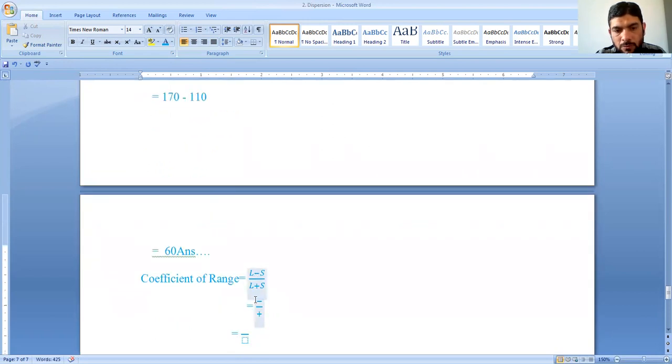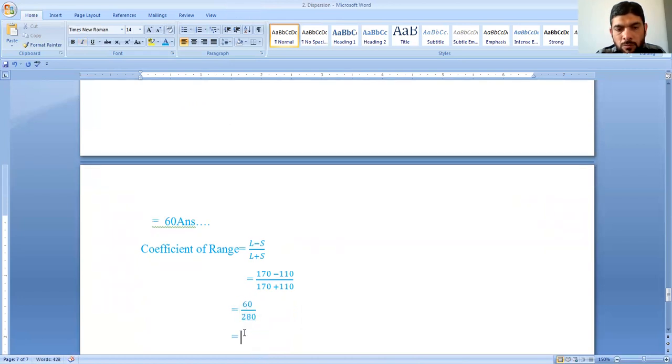Now we can also find the coefficient from this, that is 170 minus 110 upon 170 plus 110, that means 60 upon 280. 60 upon 280 means we have to divide 60 by 280.